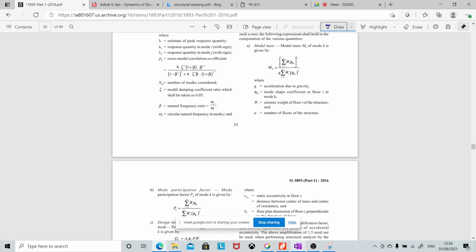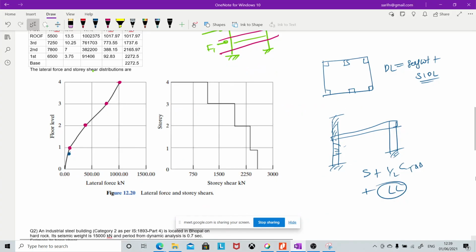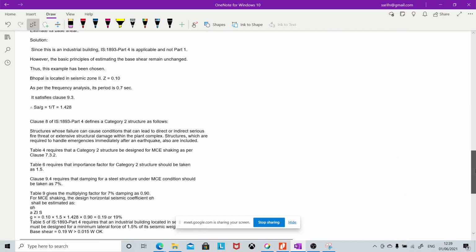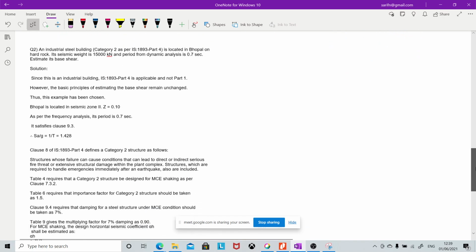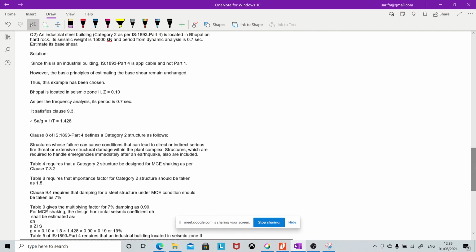Then another concept I want you to understand is torsion. For example, this is the plan of a building.